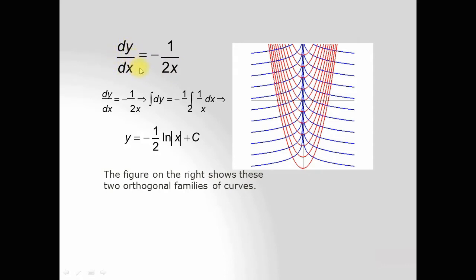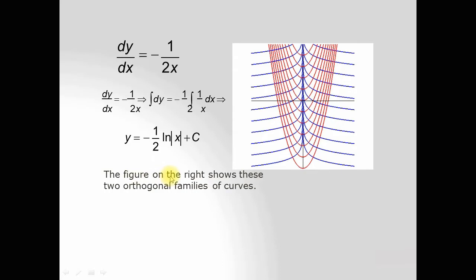Similarly, dy will not be in the denominator. Now taking integration of the left-hand side and right-hand side, the integral of dy is y, and the integral of 1/x is log x plus c, where c is the constant of integration.